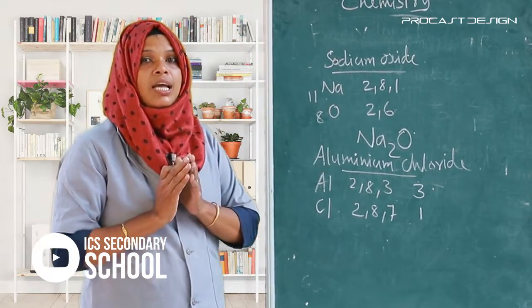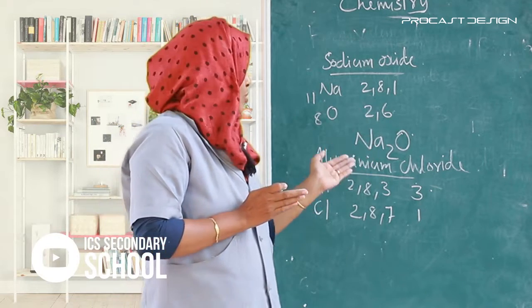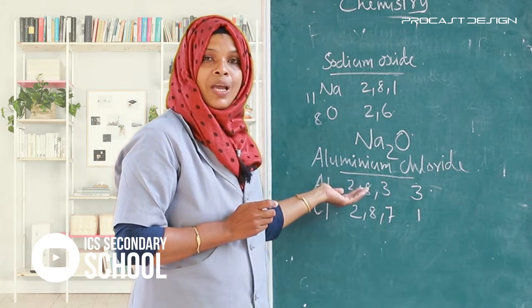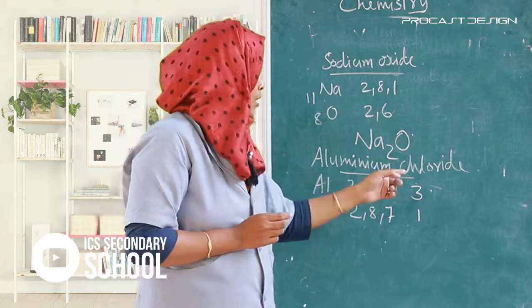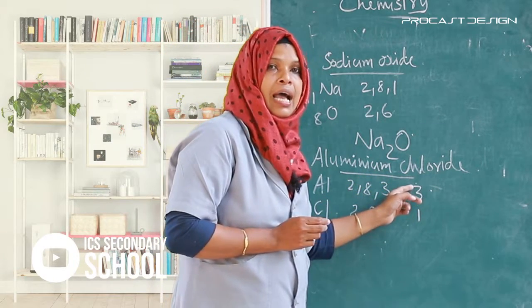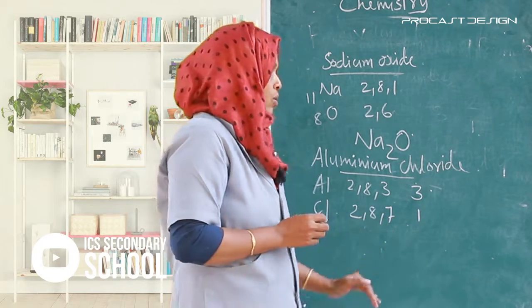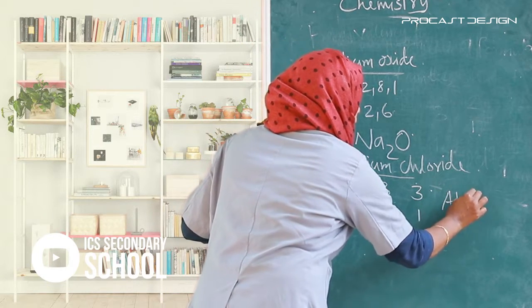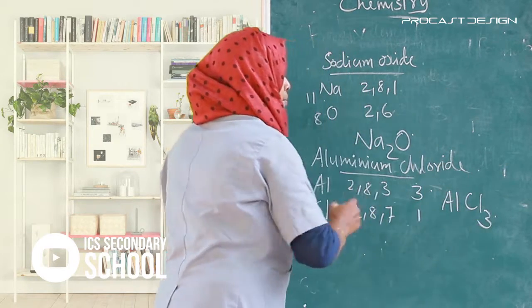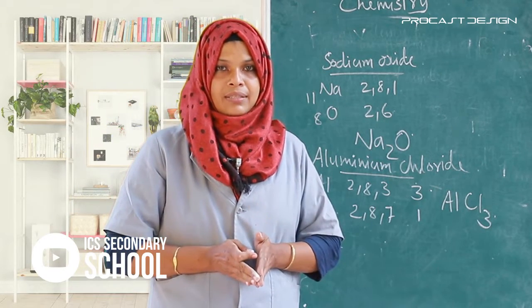How many chlorine atoms are required to accept the electrons donated by aluminum? 3 chlorine atoms. These 3 electrons are accepted by 3 chlorine atoms. So its chemical formula is AlCl3. This is the chemical formula of aluminum chloride.